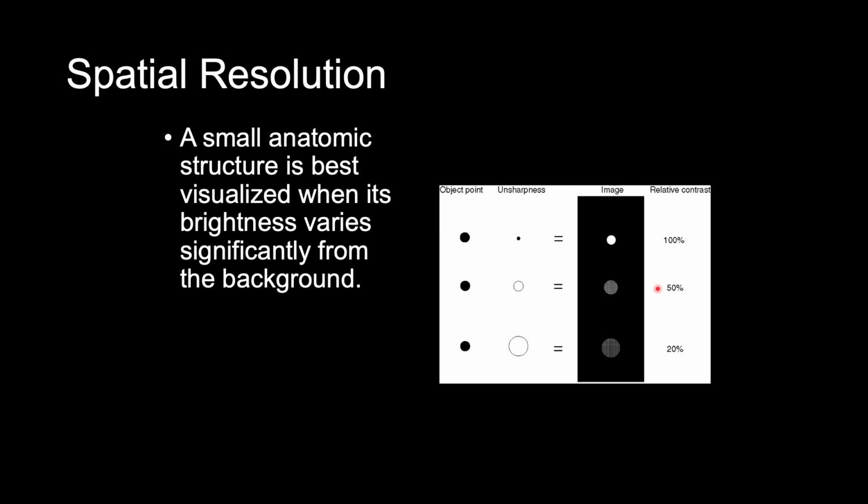Medium unsharpness, you'll have 50% of the relative contrast. Large unsharpness, you go all the way down to 20% of relative contrast. So you have lost 80% of the visibility of the anatomic detail, of the sharpness of the lines, the structures, all of that stuff. You've lost 80% of that.